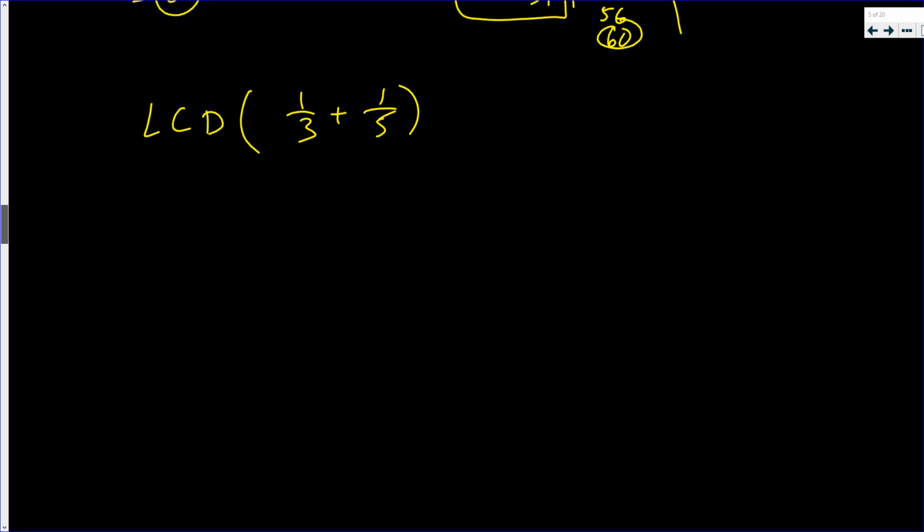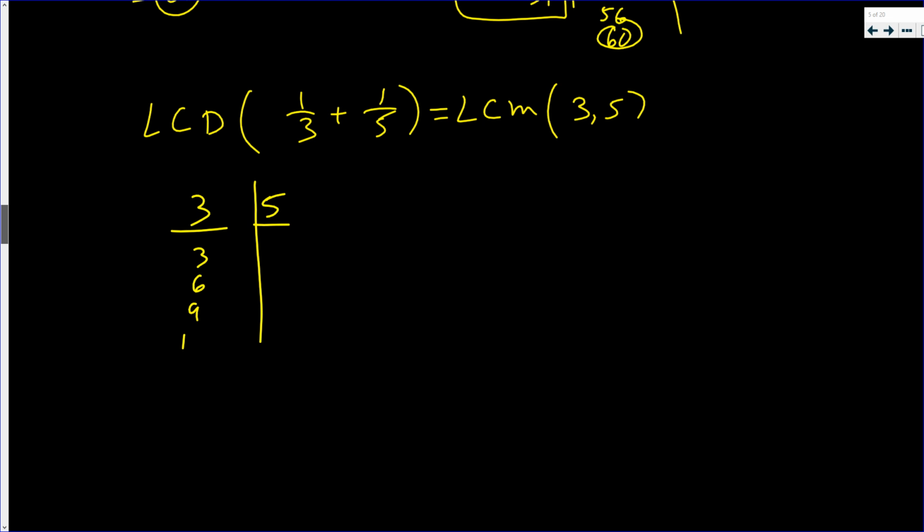Suppose you had this. That is, you want to find the LCM of the 2 denominators. This 3 table, the 5 table. Just find the first multiple of 3 that ends in a 5 or a 0, and that's the answer, because the 5 table has every number that ends in a 5 or a 0. That's one way of doing it.